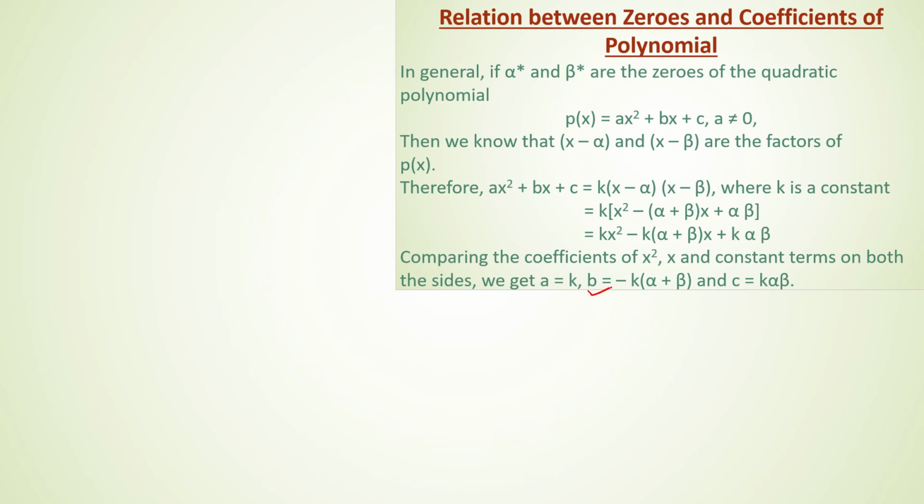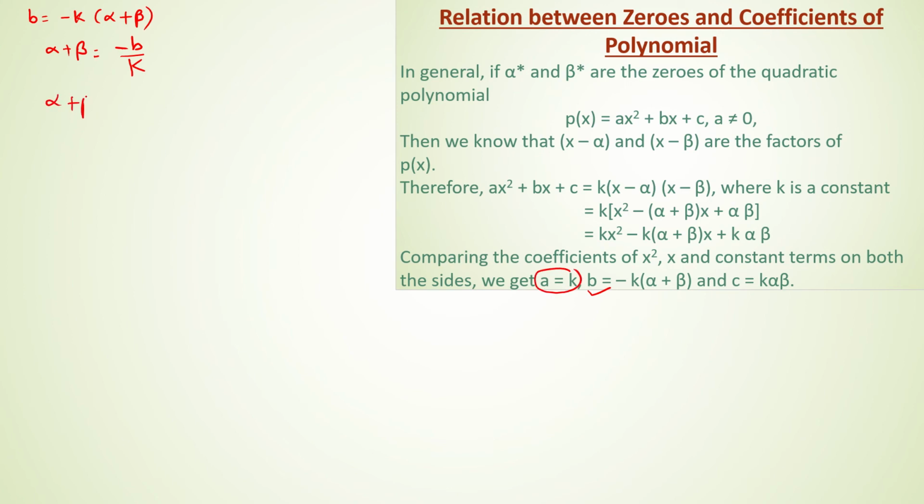So let us take the value of b, minus k times (alpha plus beta). So we will get alpha plus beta equals minus b upon k, and a is equal to k.